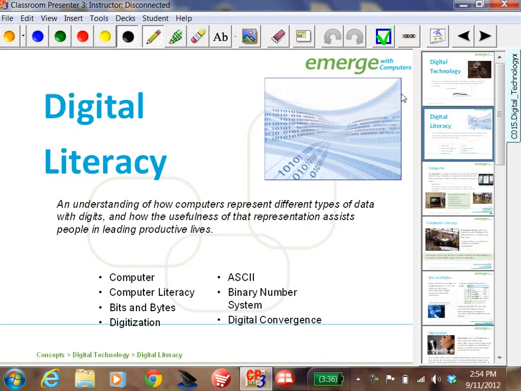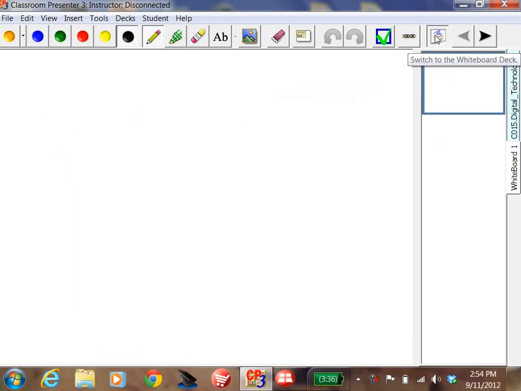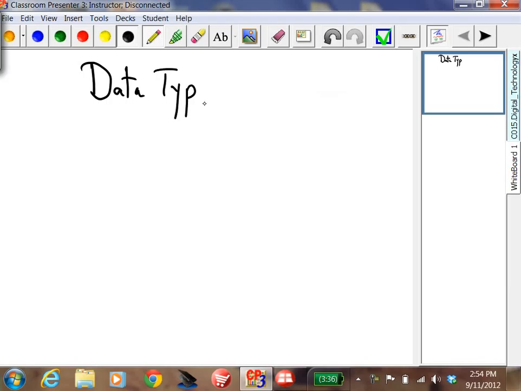Well, what are the different types of data? What have I talked about so far as data types? We're really trying to understand data types.